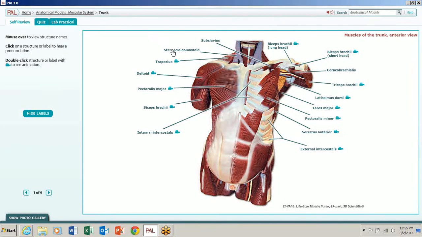We've looked at the sternocleidomastoid already, but that gives you a perspective and a certain degree of orientation. There's the trapezius. Here's a good shot of the deltoid. There's the pectoralis major. This is the internal intercostal muscles, and we talked about those in respiration.